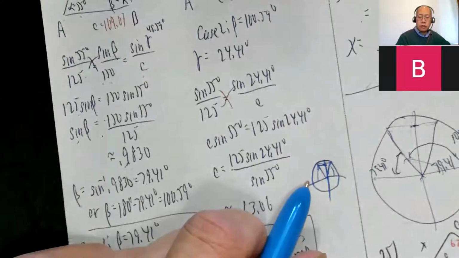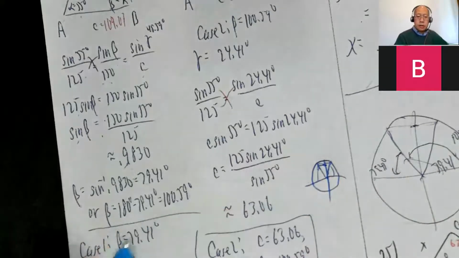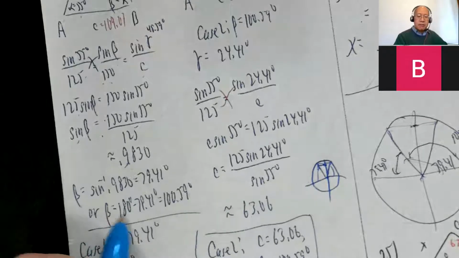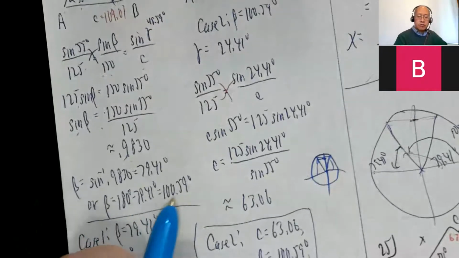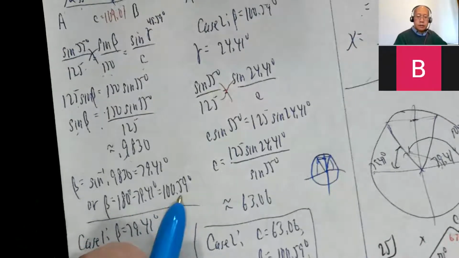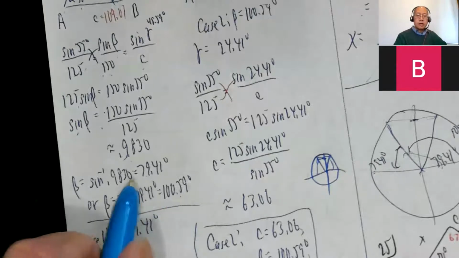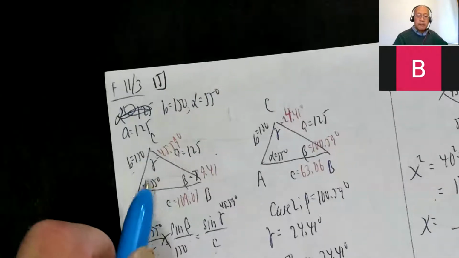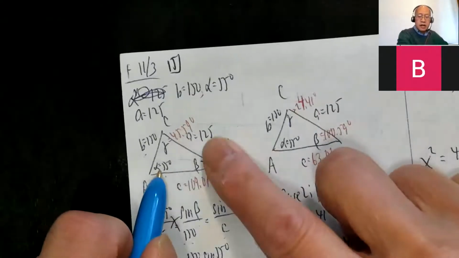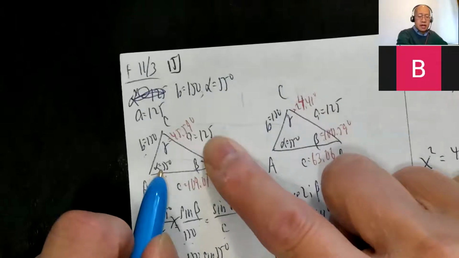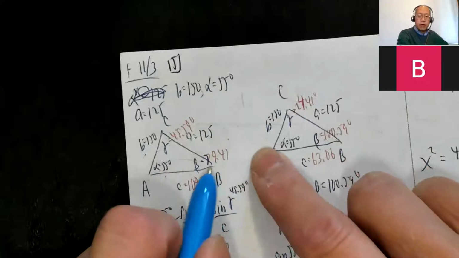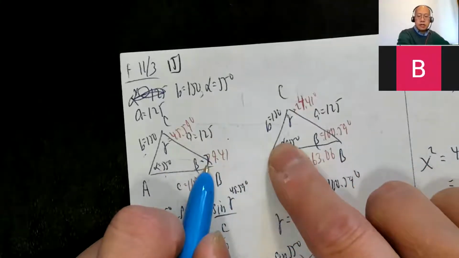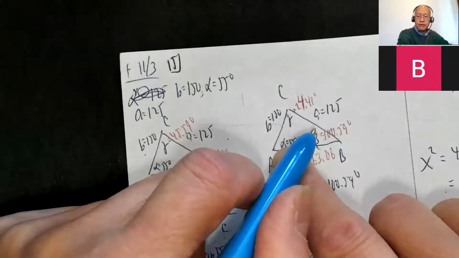You want this angle, which has a reference angle of 79.41. That would be 180 minus 79.41, which is 100.59 degrees. So 79.41 is fine. What about 100.59? If I put 100.59 plus 55, I still would not have exceeded 180 degrees. So yes, there are two possible triangles that work: one where beta is 79.41 degrees, one where beta is 100.59 degrees.